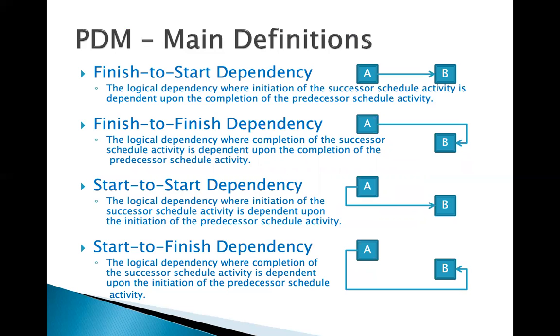So what is the definition of that one? It's the logical dependency where initiation of the successor scheduled activity is dependent upon the completion of the predecessor scheduled activity. So this is something that is not new for us, and we saw this concept last week.